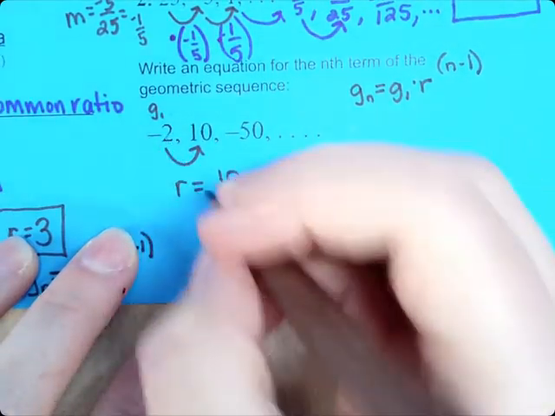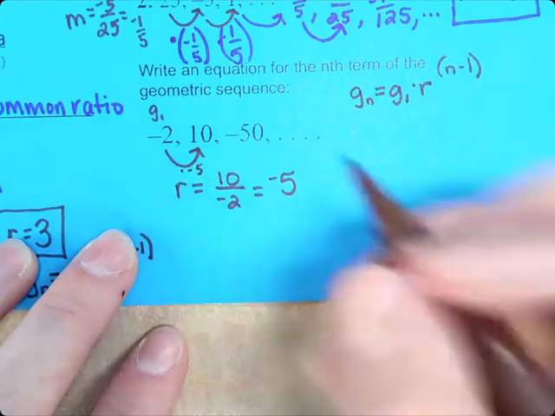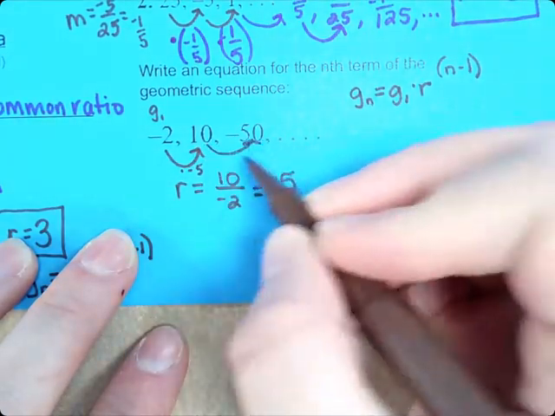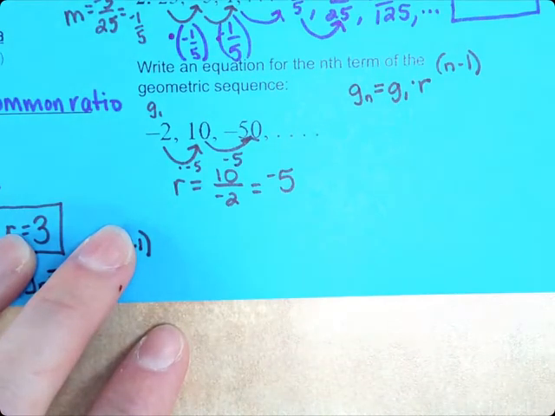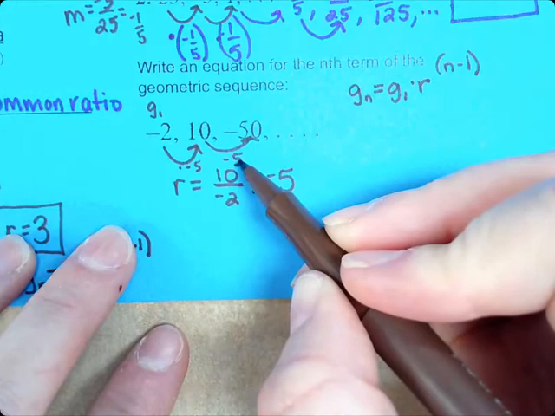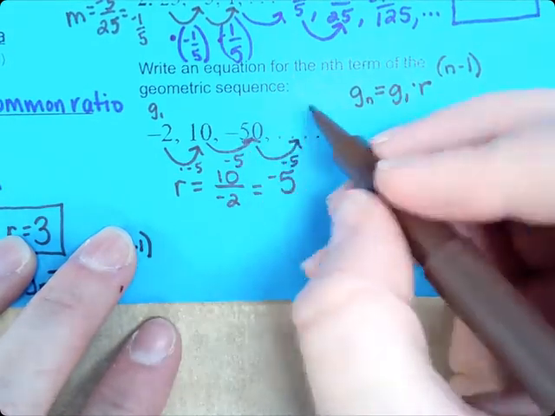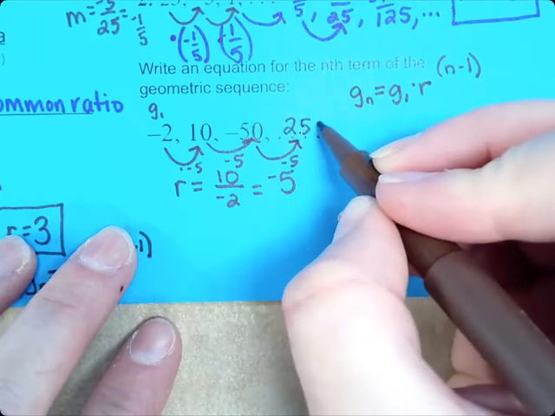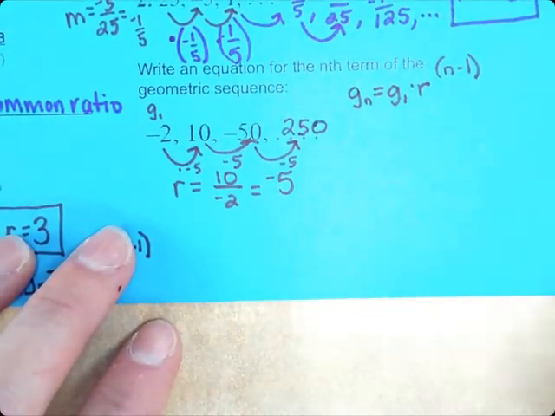Negative 2 times negative 5 is positive 10. 10 times a negative 5 is negative 50. So that's right. We could keep on doing that same pattern. Negative 50 times negative 5, but it doesn't ask us to. But that is 250, isn't it? Mm-hmm.